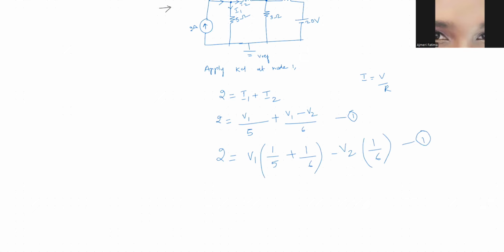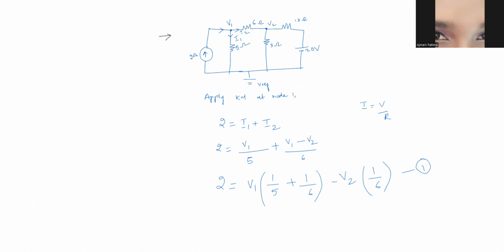Now, the same thing, you are going to apply KCL at node 2. If you apply at node 2, what will you get? I can assume that current is leaving this node, V2.